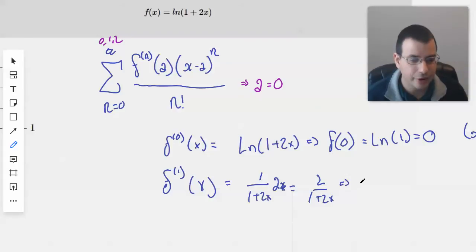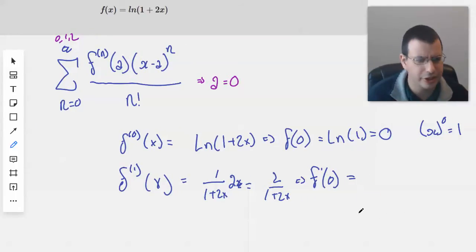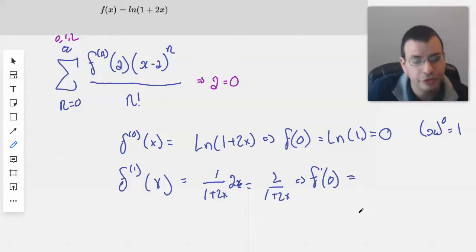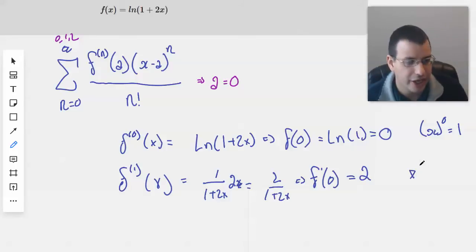And therefore, f prime of 0 is 2. There we go.